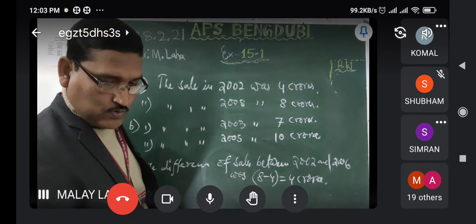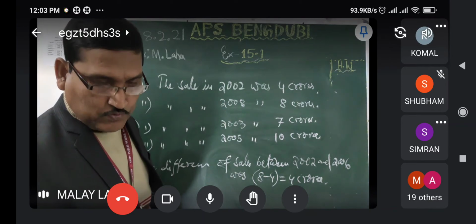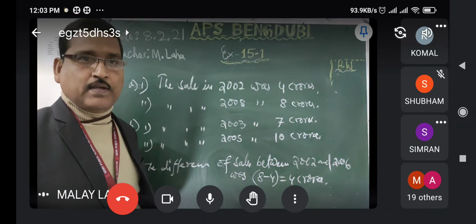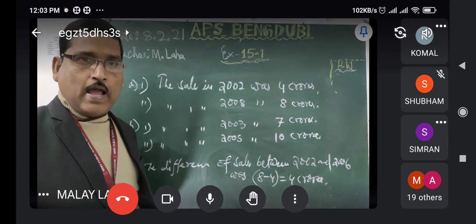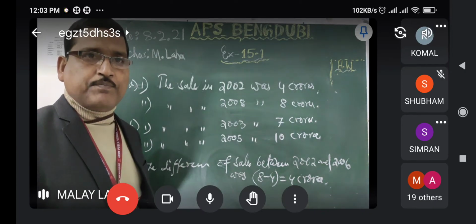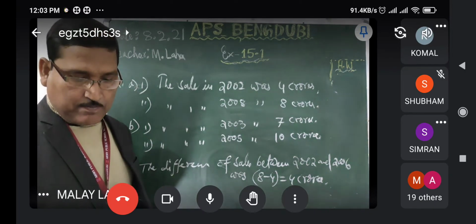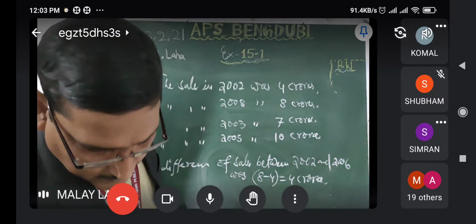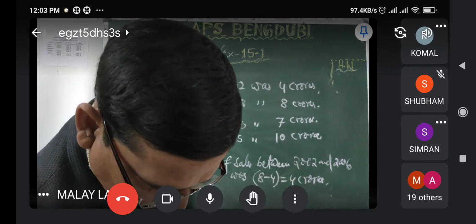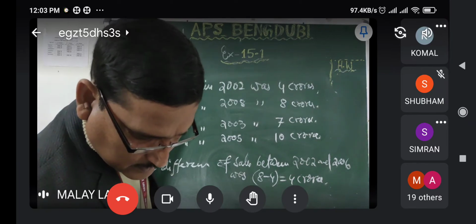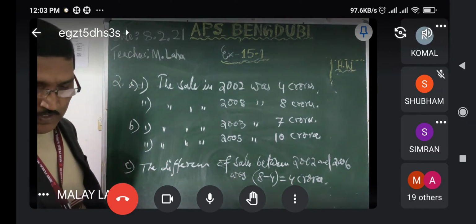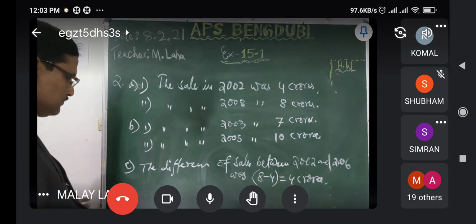And here I have shown now it is 2002 to 2006. In 4 years the difference is 4 crore, and in 1 year the jump is 4 crore. Okay, so in which year?